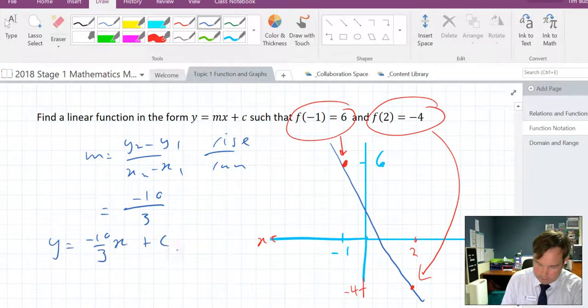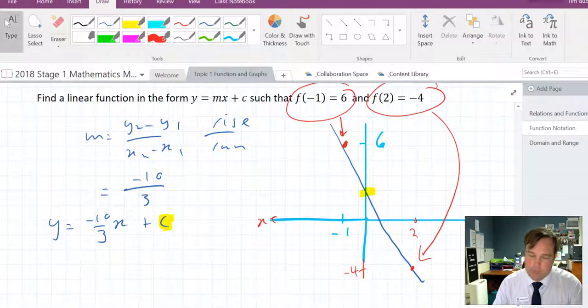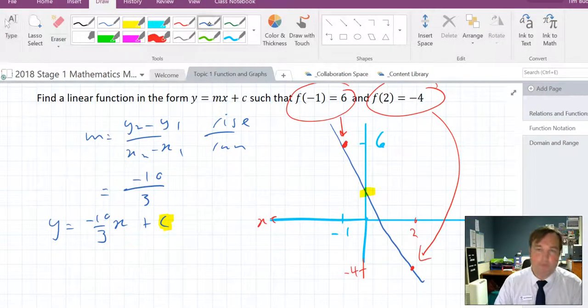Now remember, c is where we hit here. That's what we're asked to find. And in order to find that, what we can do is make a substitution. So we can substitute in a point that we know already. Let's choose the first one.